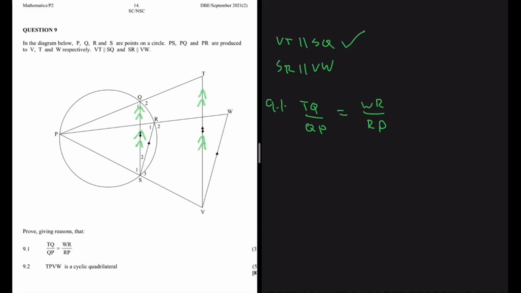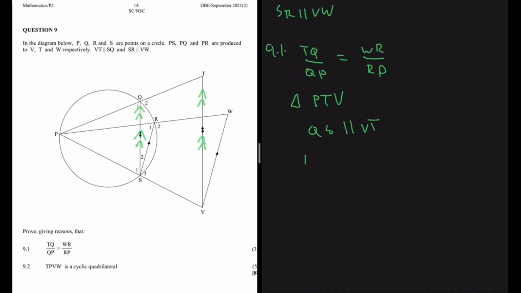If those two lines are parallel, then the sides PT and PV will be divided proportionally, right? In triangle PTV, if QS is parallel to VT, then the two sides will be divided proportionally. What are we saying?